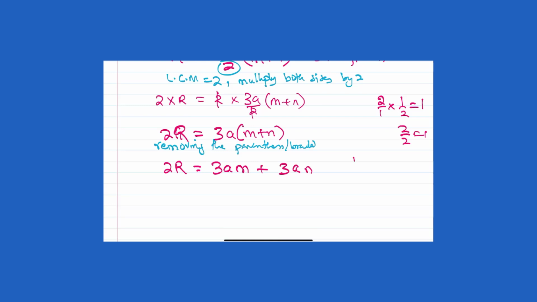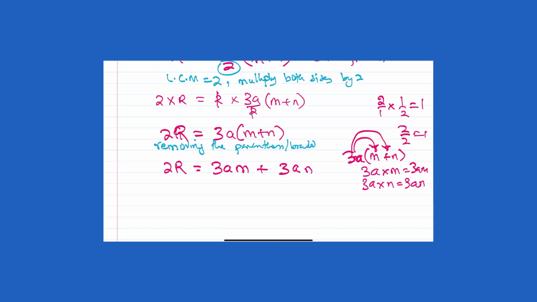So just like we did here, distributive law: that's 3a × (m + n). So 3a times m, 3am, and then 3a times n, 3an. So this 3a will multiply here, and we'll also multiply that one too. So we have 3am + 3an.